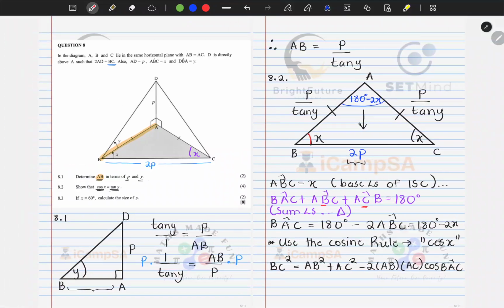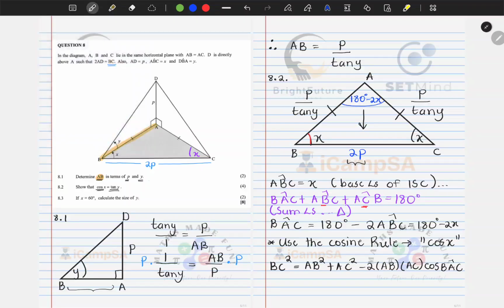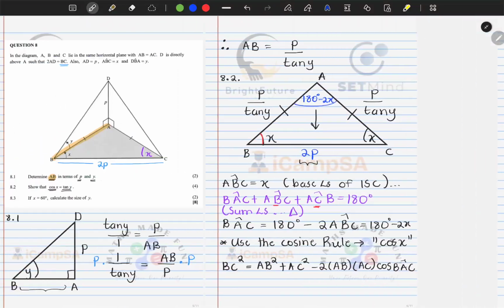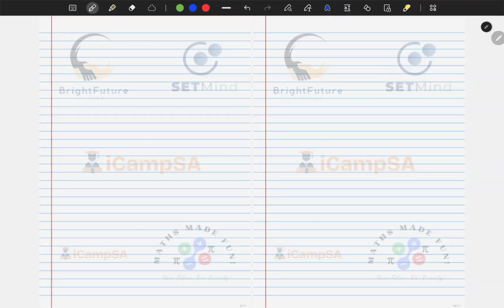Okay, so it's very important that you are able to prove whatever you are required to prove. Now with this 8.3, it should be very easy because we are told that x is 60. We should calculate the size of y. So remember what we just found: tan of y equals cos of x.